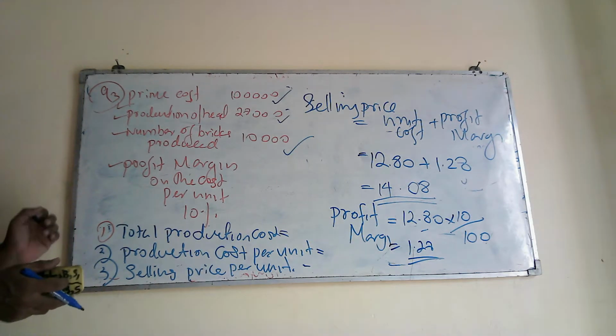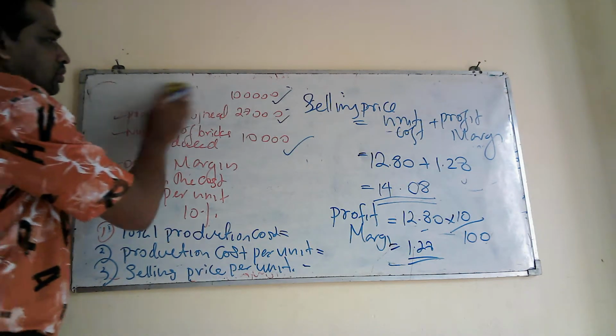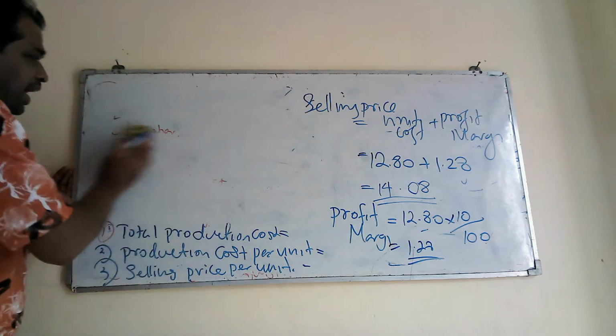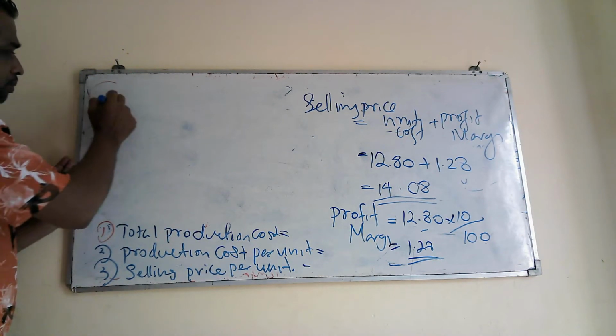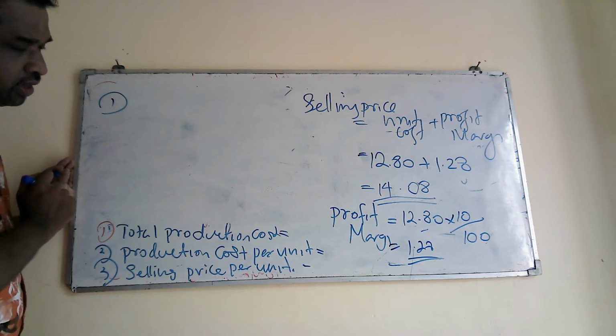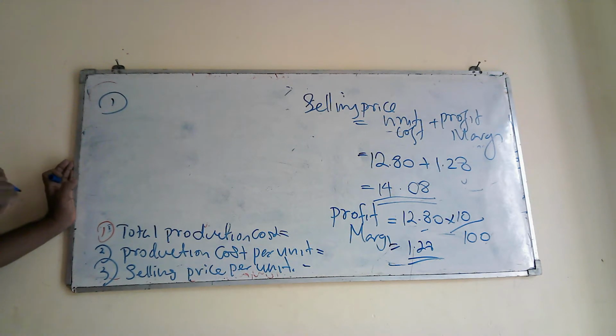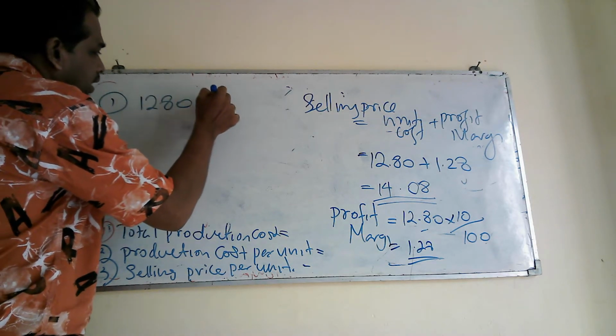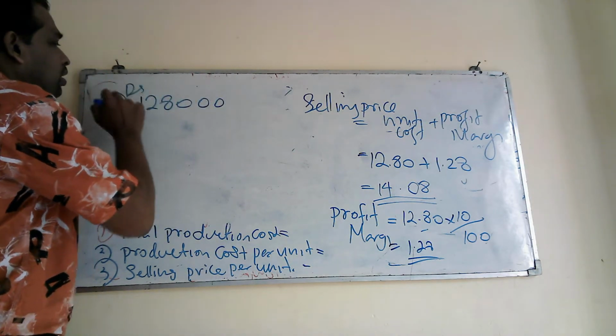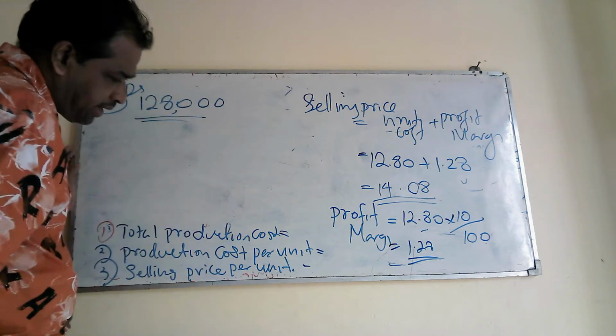At the exam you can produce the answers separately for these three parts. The answer for the first part, part A production cost, is 128,000 rupees.